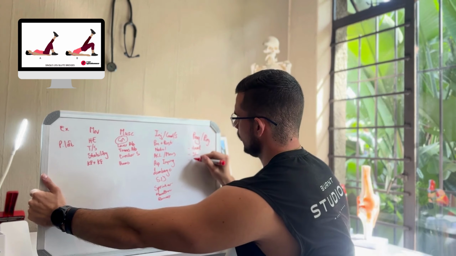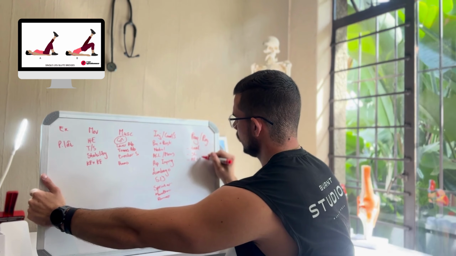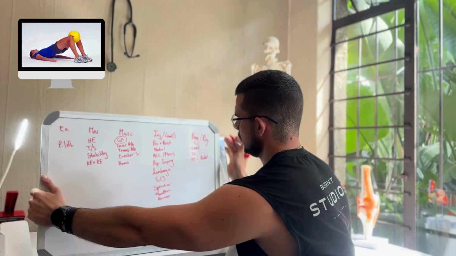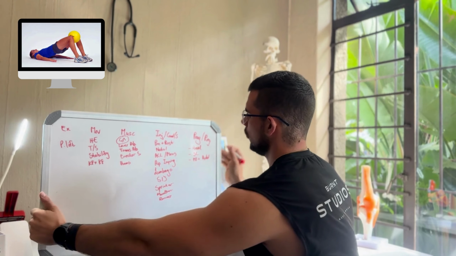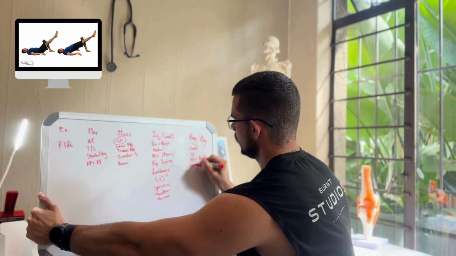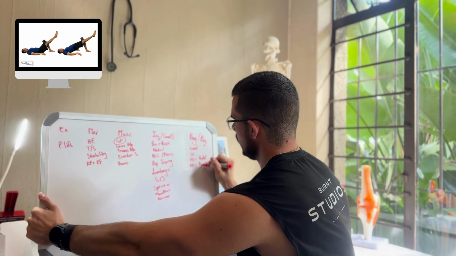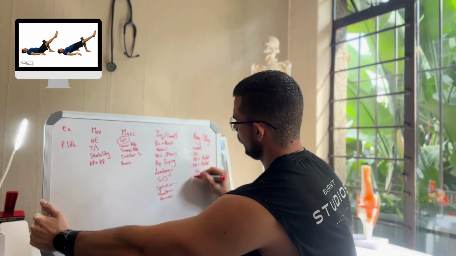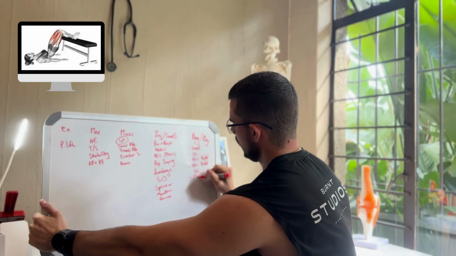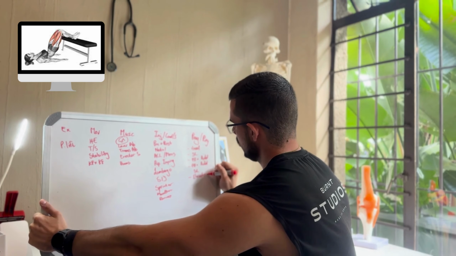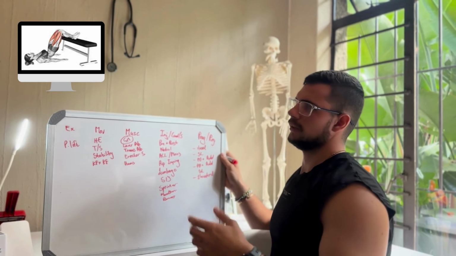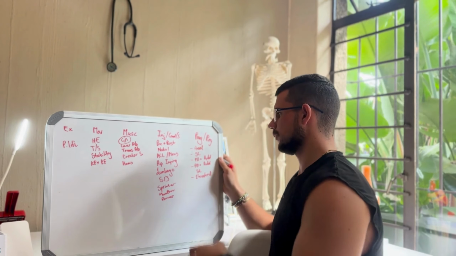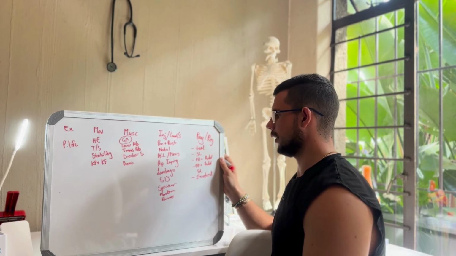You can do a pelvic bridge with hip adduction isometric, and then you can also do pelvic bridge with hip adduction isometric single leg. Then the final one, you can do an elevated pelvic bridge and a single leg elevated pelvic bridge. Those are all the progressions.